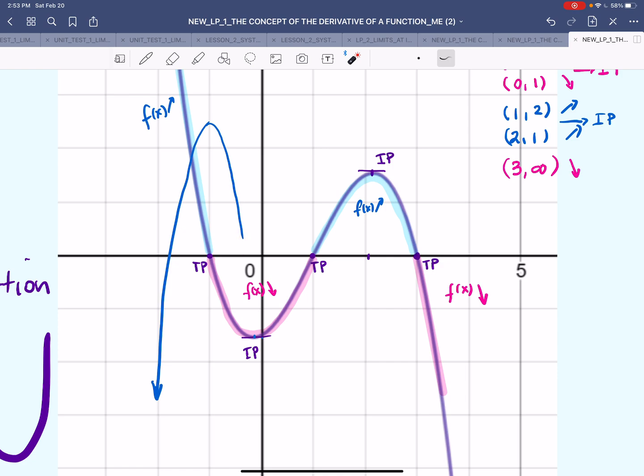So at this x value here, we'll have a turning point.